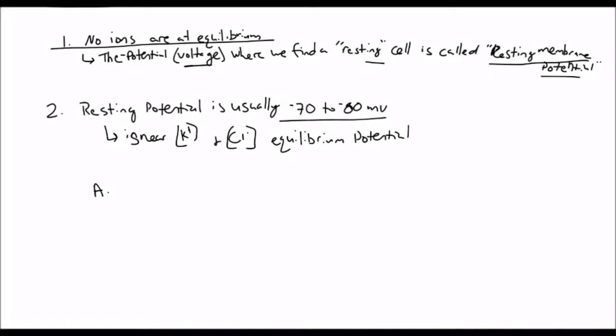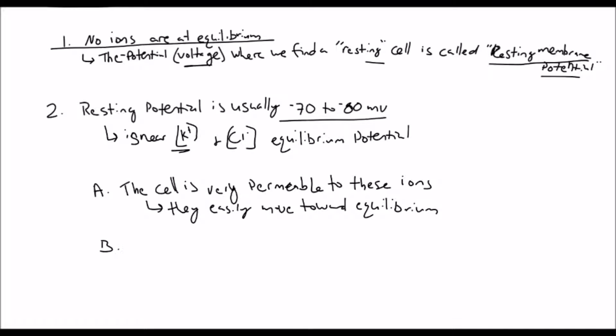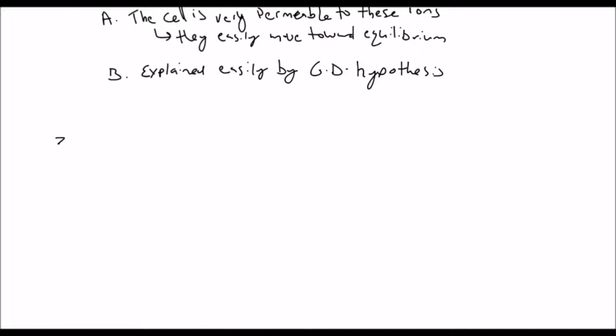That's because the cell is very permeable to potassium, but it's not very permeable to sodium. These ions can easily move across the membrane toward their equilibrium. So this means that the Gibbs-Donnan hypothesis can mostly explain these two ions. However, sodium is not near where we would expect to find it, with the Gibbs-Donnan hypothesis being the explanation.